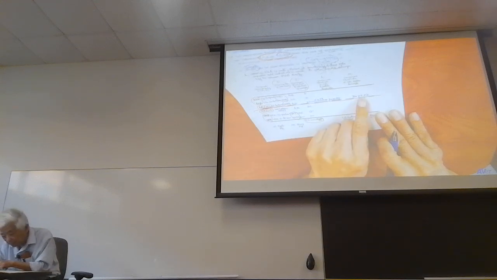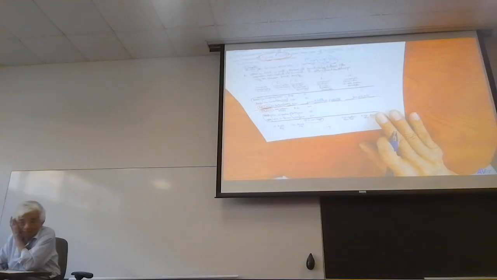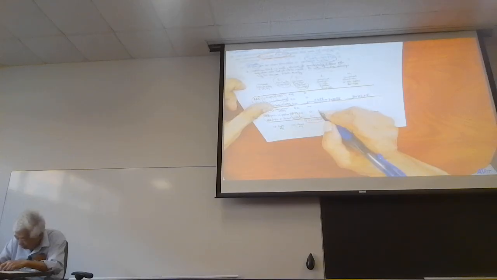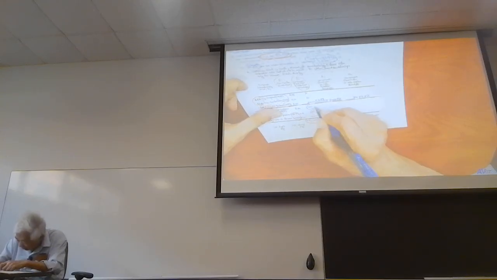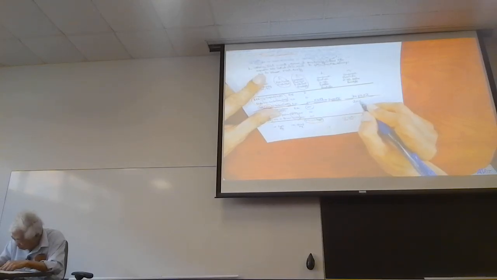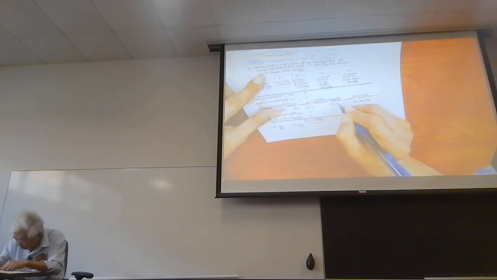Remaining 2% goes to the bottom. That is the assumption. How about heavy component? Just 0.98 to the bottom and 0.02 to the distillate.